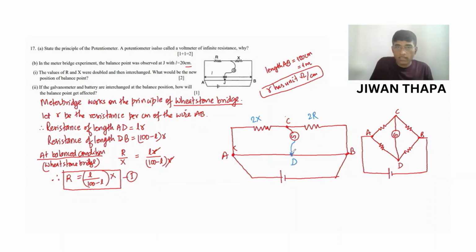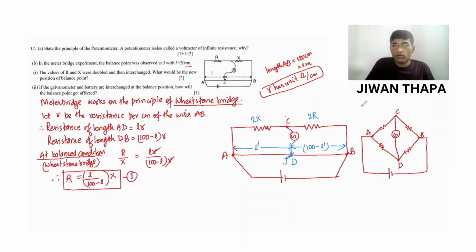Let's say jockey is at this position, and let the new balance point be at distance L dash. It is at distance L dash from point A. So the remaining distance is 100 minus L dash. So we have this 100 minus L dash. So this is the position of jockey. So we need to note this.